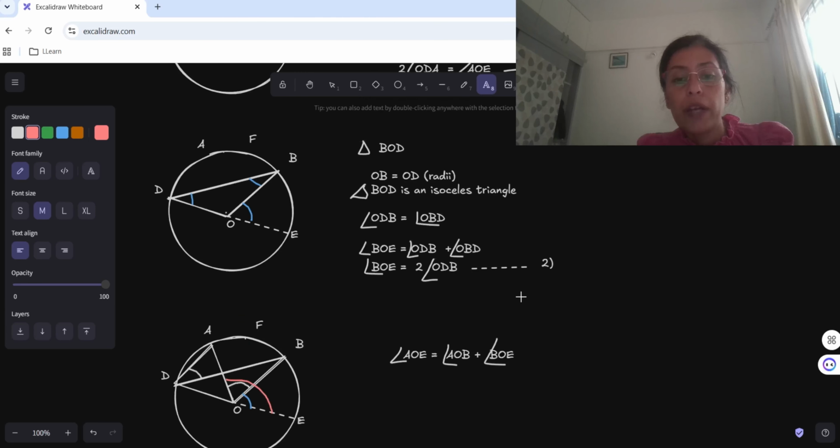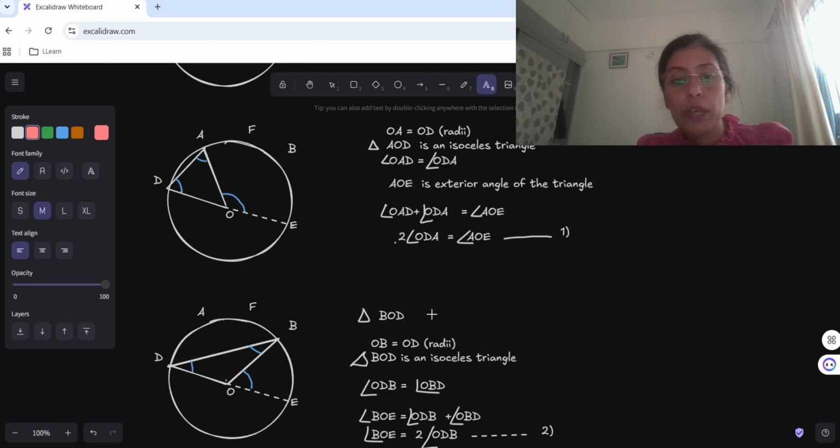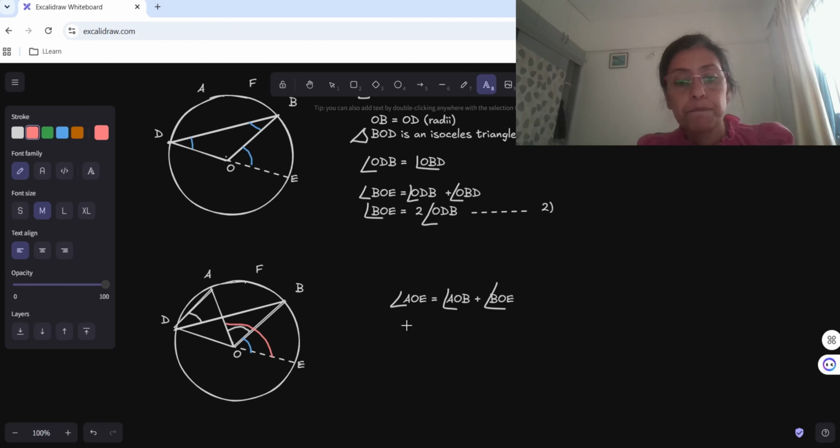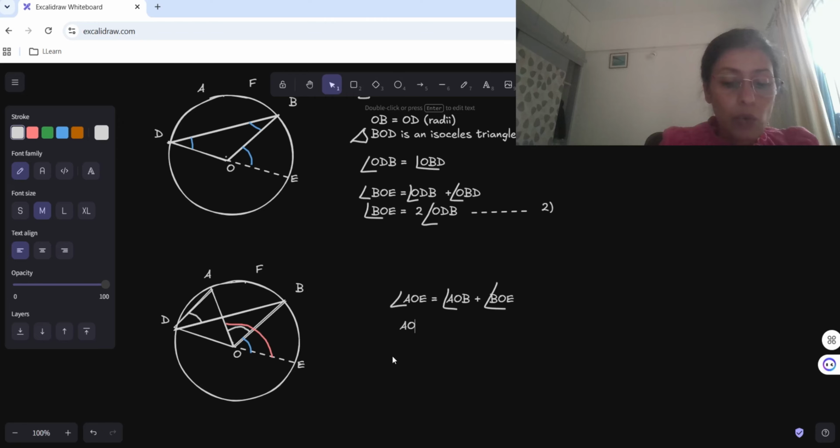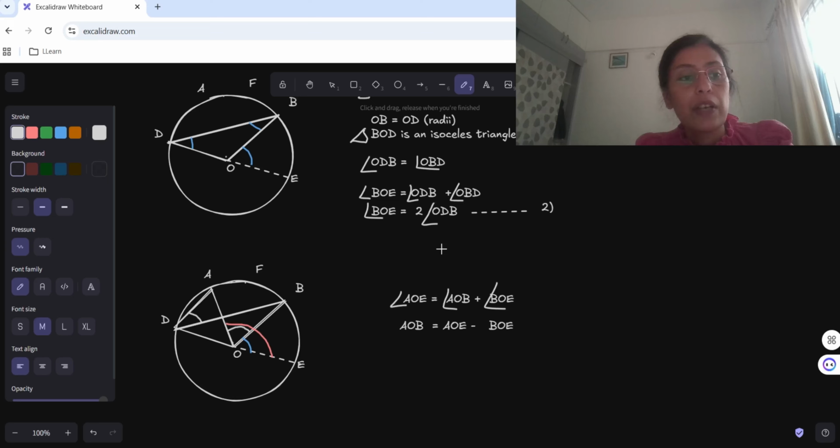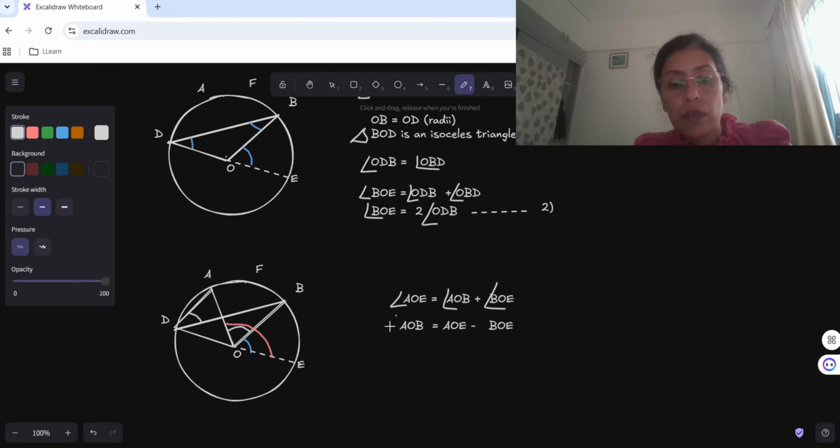So what I know about AOE, AOE is twice of ODA. Or maybe I can write it like this: angle AOB is equal to angle AOE minus angle BOE.